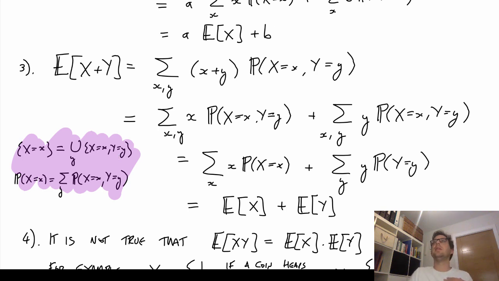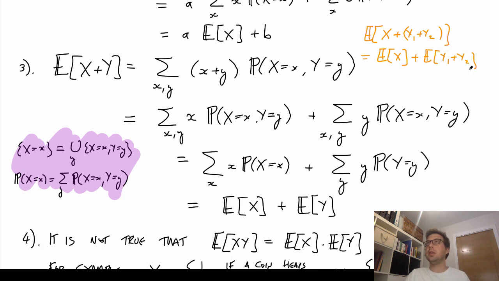Okay, because notice, just to explain, that we could say E of x plus y1 and y2. We could think of y1 and y2 just taking the same role of this y here, and then by this calculation I have that this is equal to the expected value of x plus y1 plus y2, and then I could apply this result a further time to see that this must be equal to the expected value of y1 plus y2 plus the expected value of x.